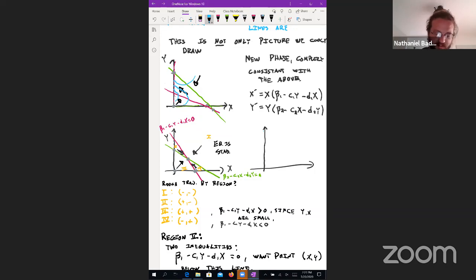In this case, what does this mean? What we're seeing here behavior-wise is that X dies off. Exactly, yeah. X dies off and goes to 0.